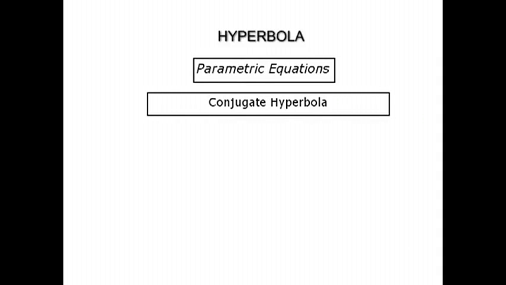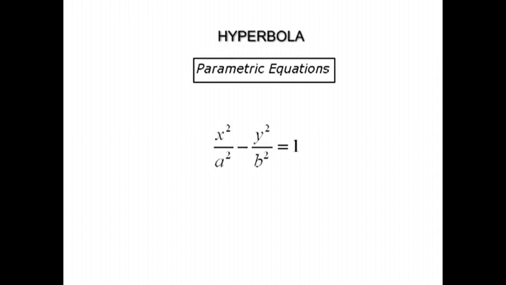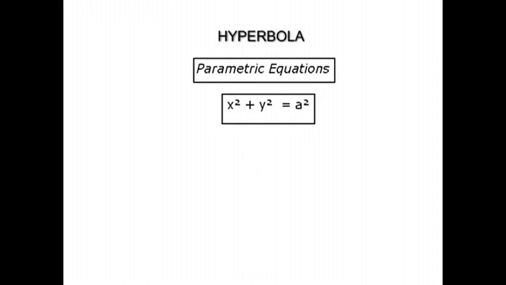Parametric equations of hyperbola. To obtain parametric equations of hyperbola x square upon a square minus y square upon b square equal to 1, first we draw a circle whose diameter is transverse axis. Its equation is x square plus y square equal to a square and it is called as auxiliary circle.